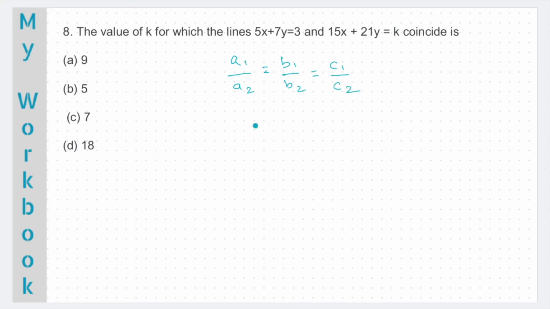So using this, we can write that 5 by 15 equal to 7 by 21 is equal to 3 by k. So 5 by 15 and 7 by 21 reduces to 1 by 3, 3 by k. So cross multiplying, we will get k as 9. So correct answer is 9, option A.